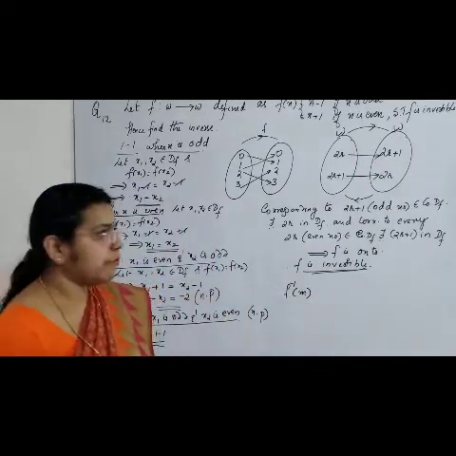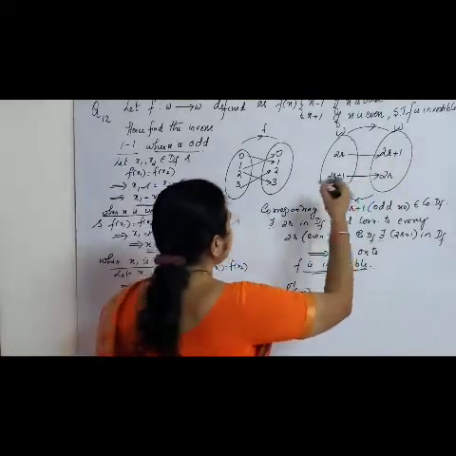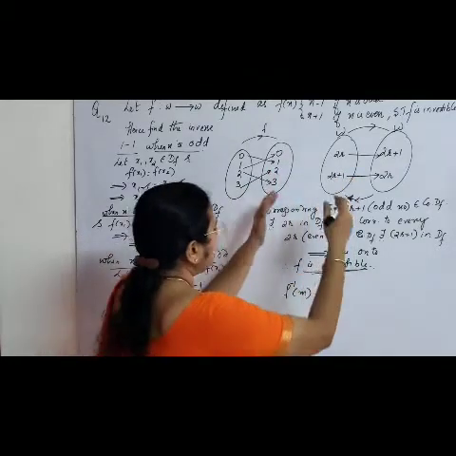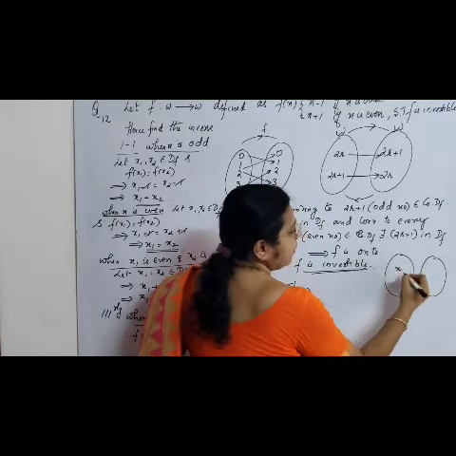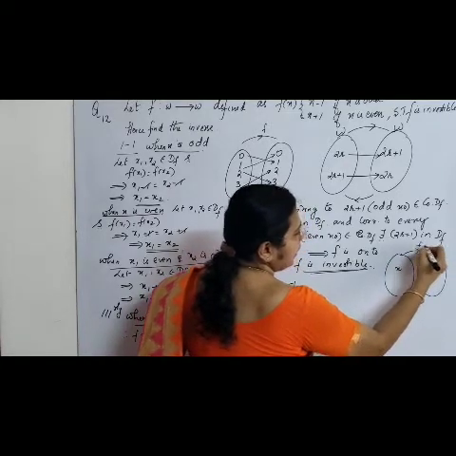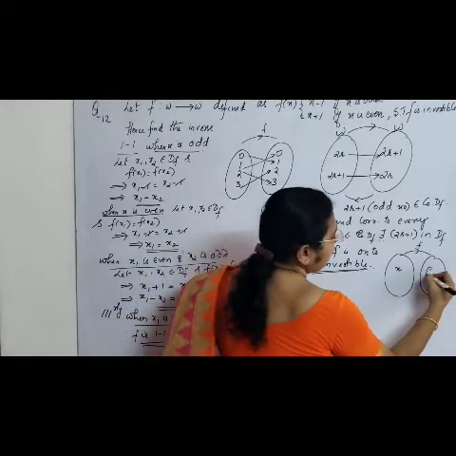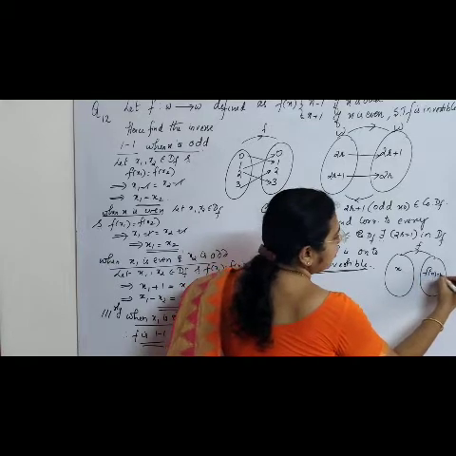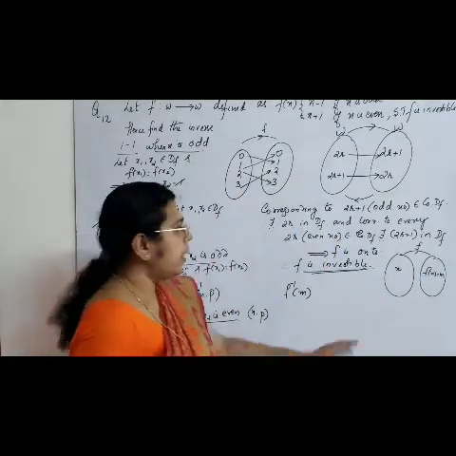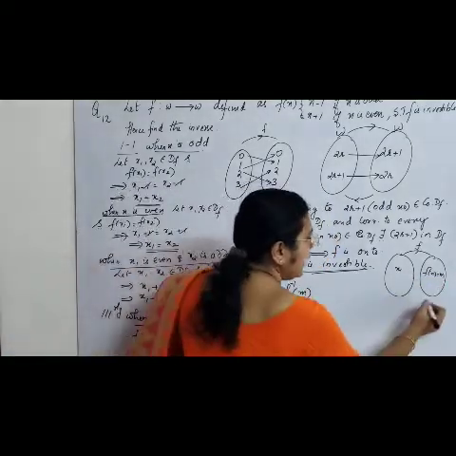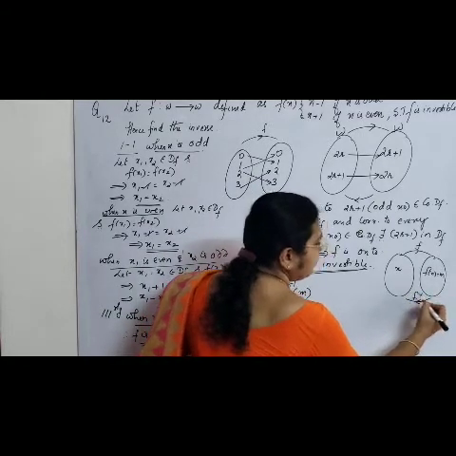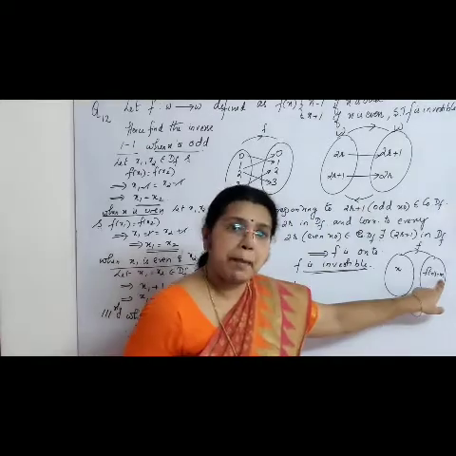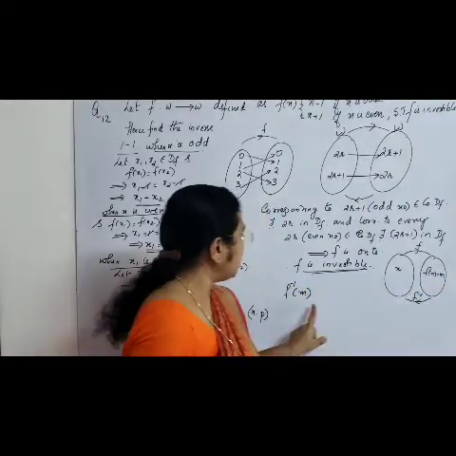Where does this m come from? If you consider this as a function, n is here, and when it is mapped under the function f, I am getting f of n equal to m. I have taken this as m. So the inverse means coming from this side to this side, that is f inverse of m.